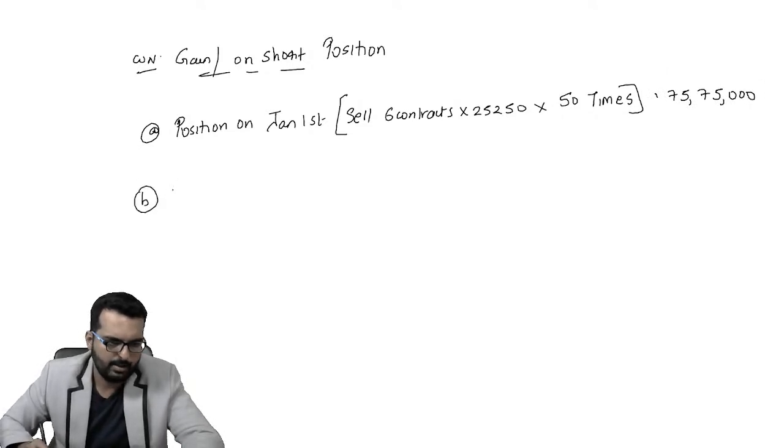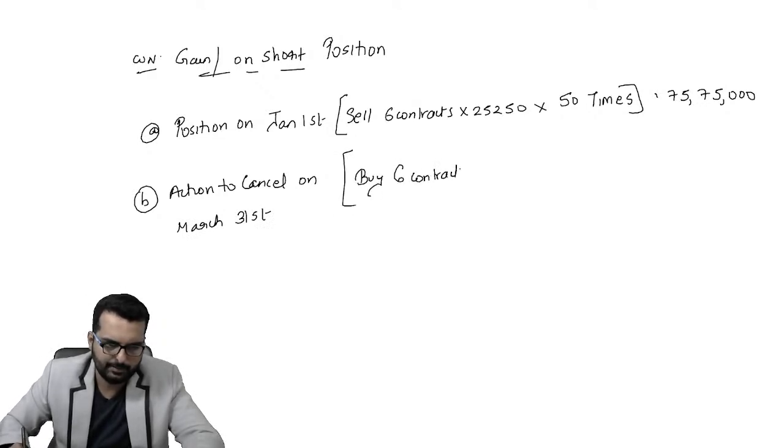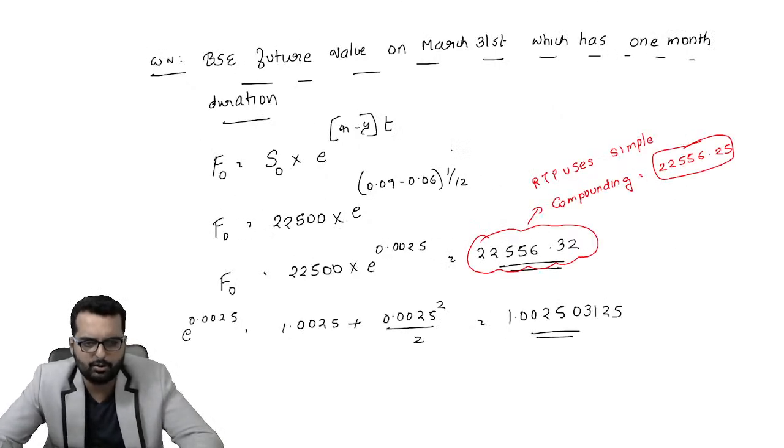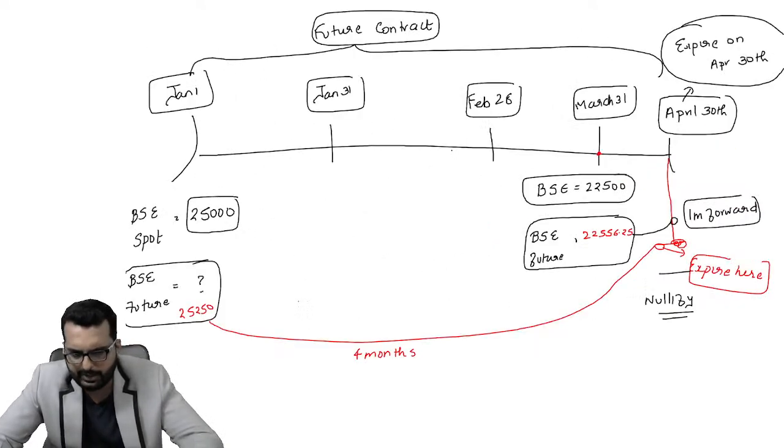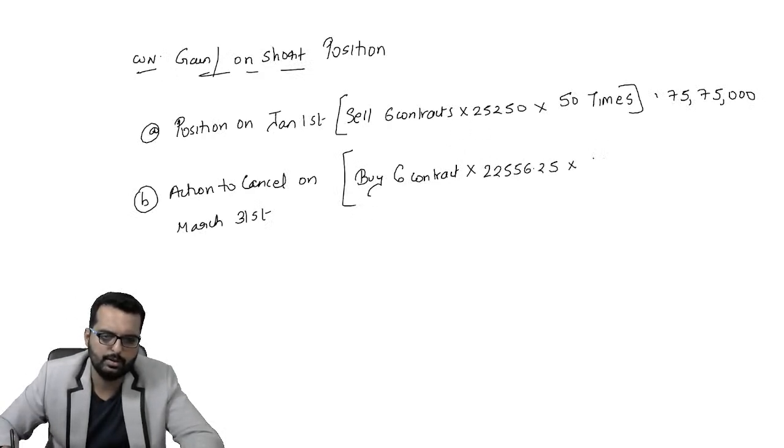Now, action to cancel on March 31st. What will you do on March 31st now? You will buy 6 contracts. But on that date, the price is not 25,250, it is 22,556.25. 22,556.25 into 50 times.